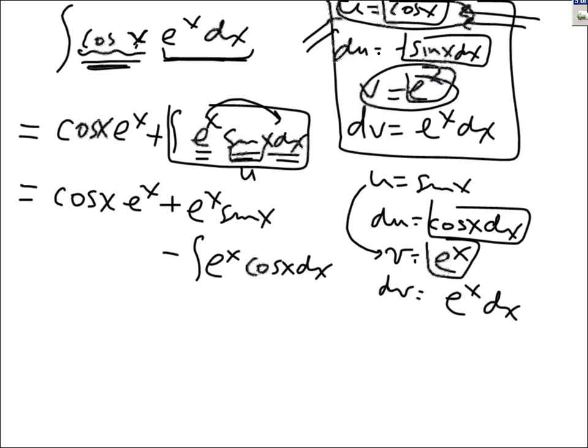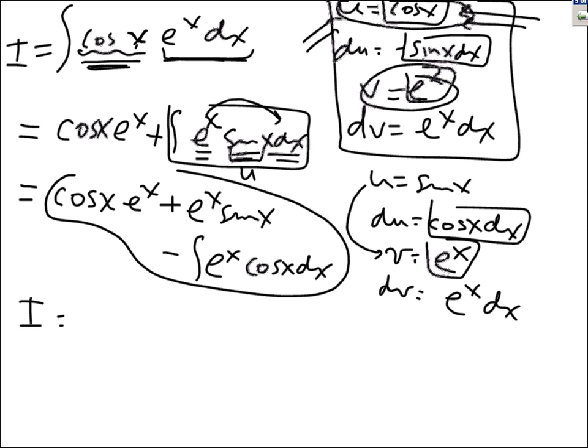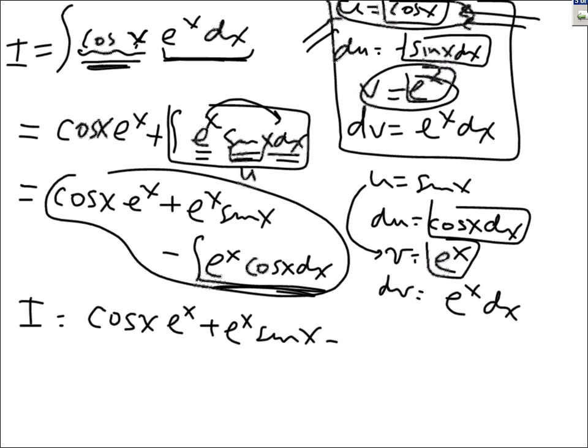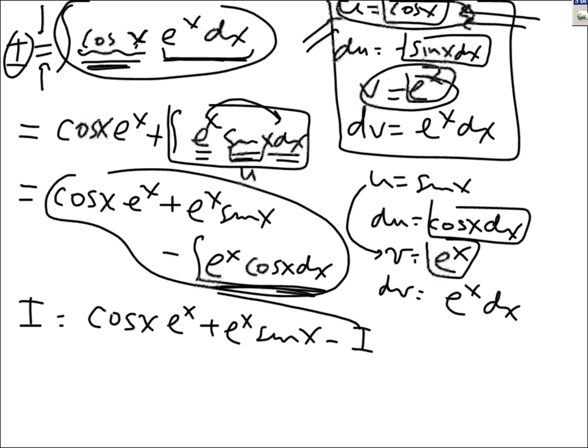Now, if I call this integral I, so I have I is equal to this. I is equal to cosine x times e to the x plus e to the x sine x minus, it says this is I. So I'm going to bring I to the other side.